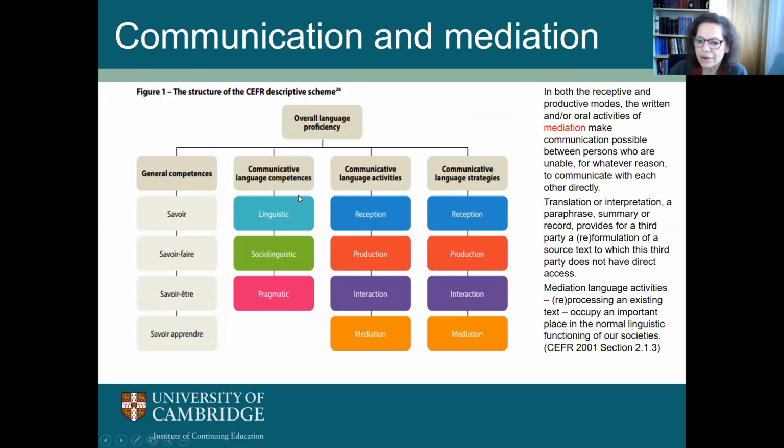But when it characterizes overall language proficiency, it is looking at, for example, language activities and language strategies. And in here, you can find reception and production, that is, both in written and oral language, which are accompanied by interaction and mediation.